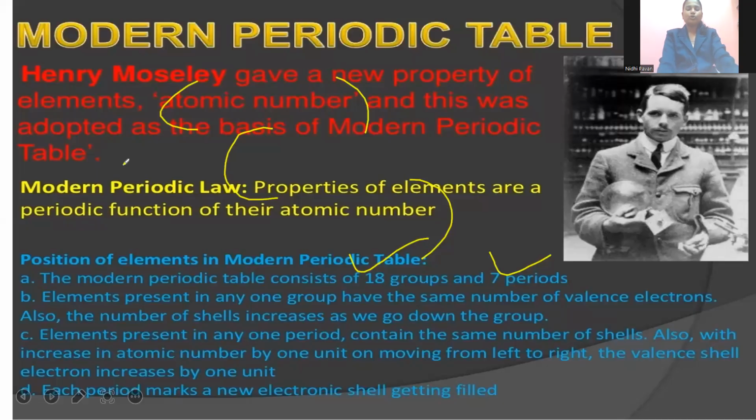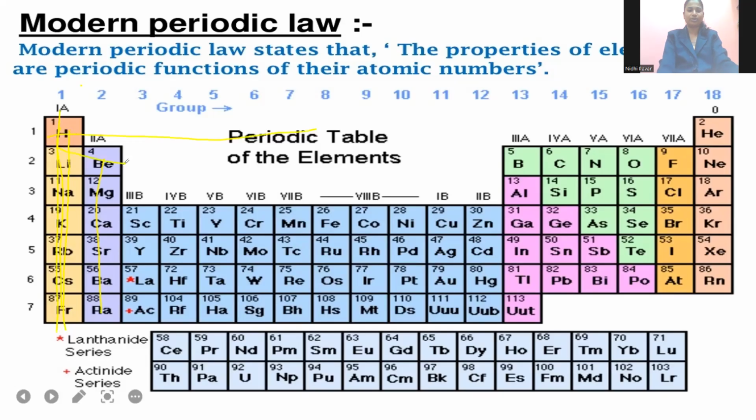Then also, with increase in atomic number by 1 unit on moving from left to right, the valence electron increases by 1 unit. For example, hydrogen is 1. Let us take lithium: 3, 4, 5.